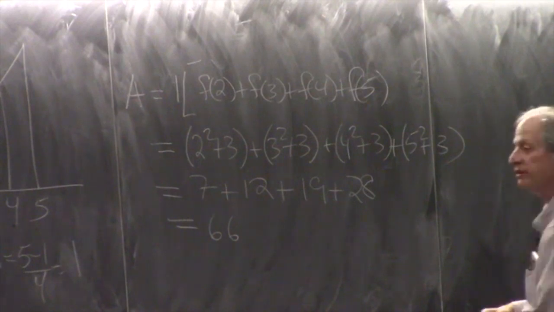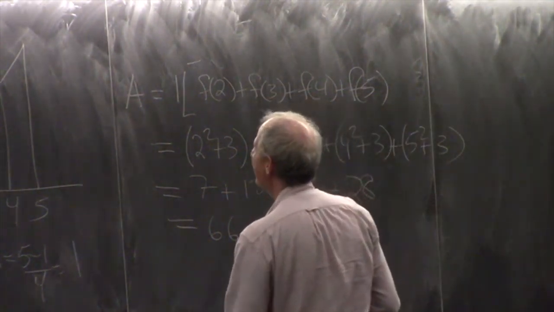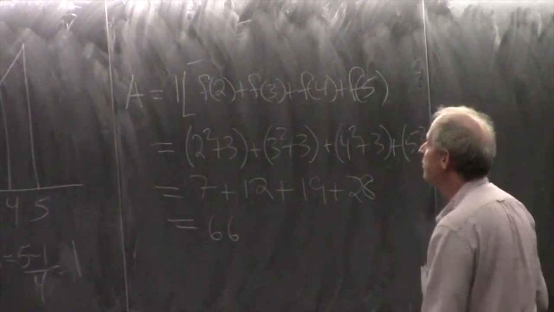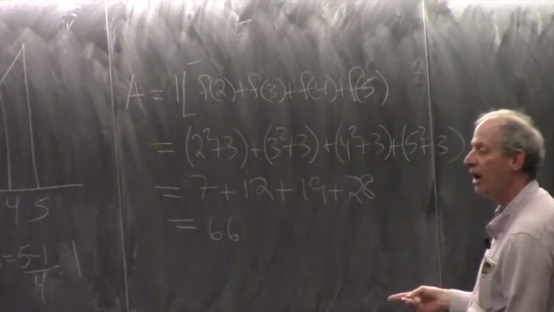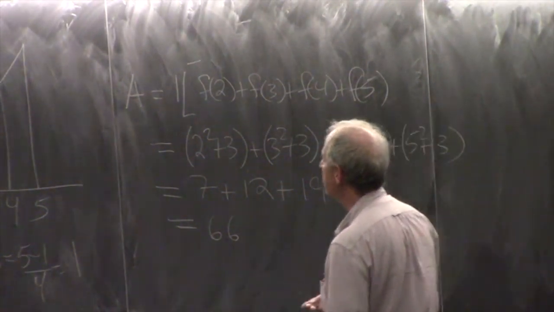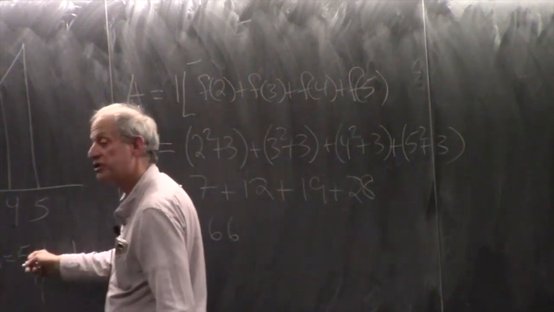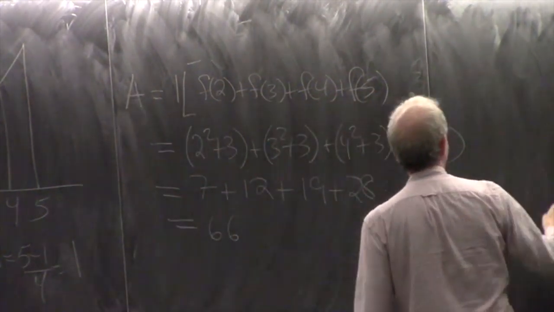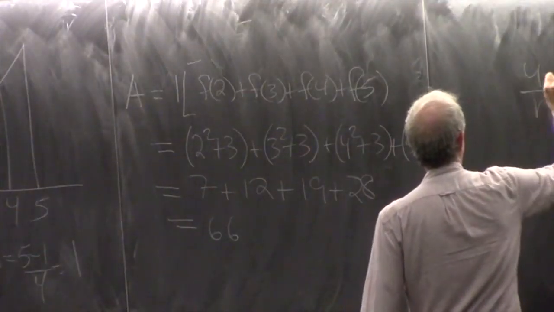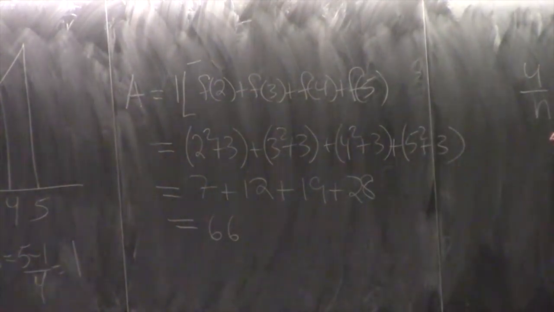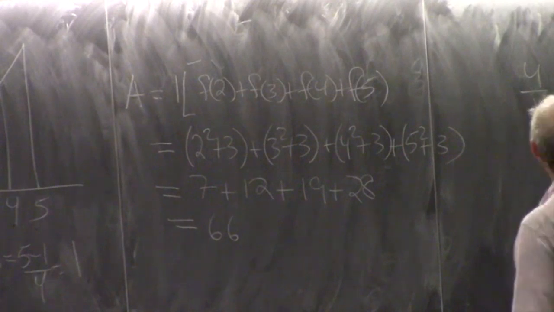Okay, good. Alright. Now to do the Riemann sum, all you want to do is say, well, how wide is each one of these? Well, instead of being 4 over 4, which is 1, it's now going to be 4 over n. And you're going to start at 1, and you're going to add 4 over n each time.